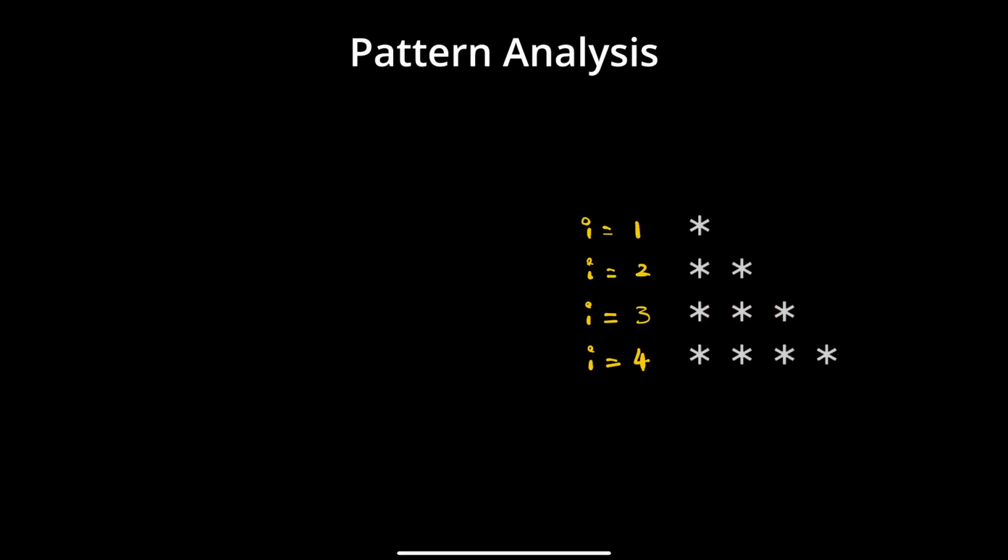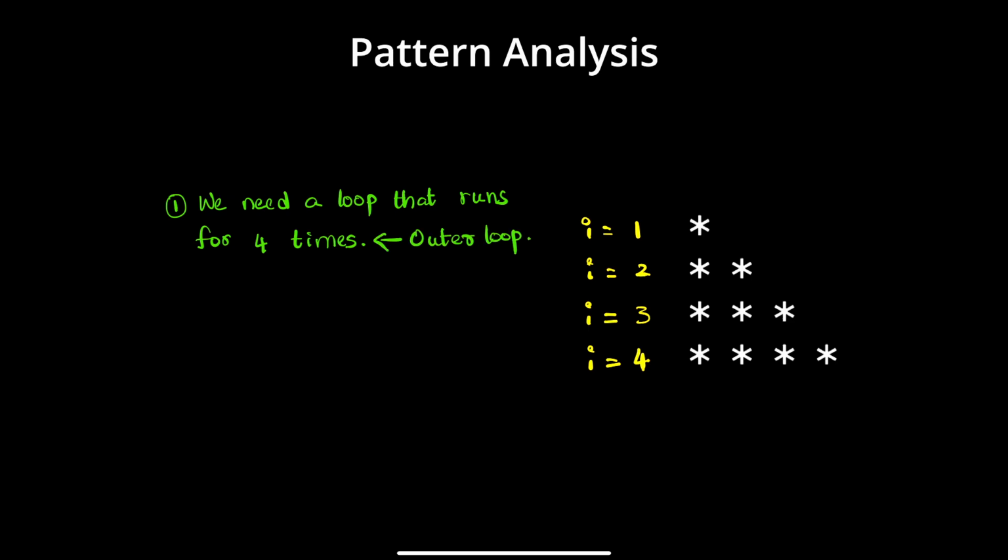Let us write down the points that we can get for a program out of this. 1. We need a loop that runs for 4 times. This is for row traversal. Let us call this the outer loop. 2.